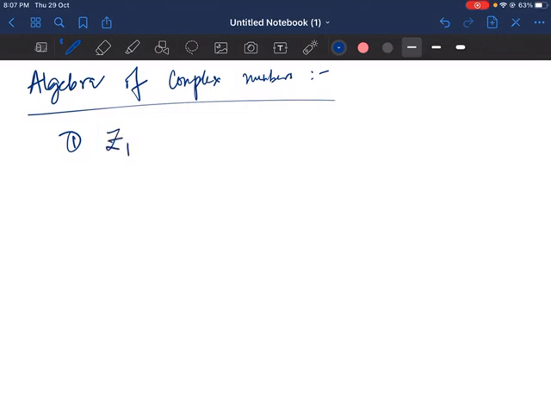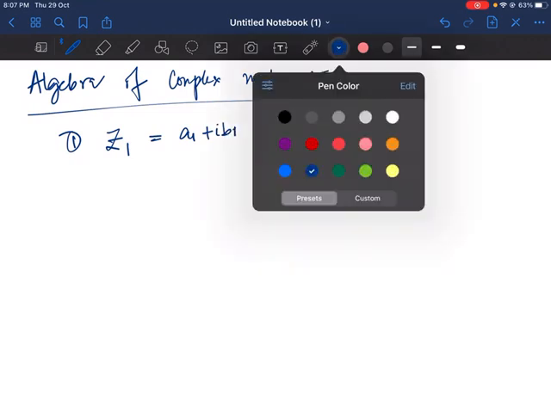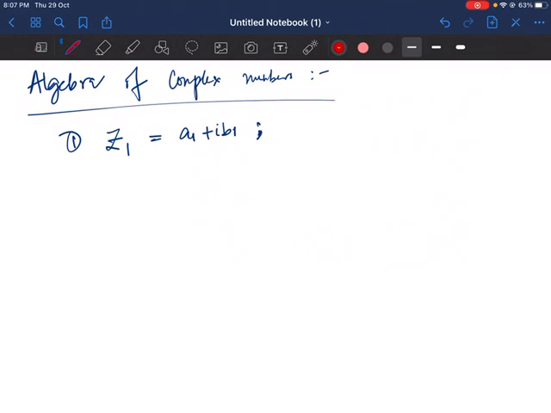Suppose I have two complex numbers, z1, which is given by a1 plus ib1, and another complex number z2, which is a2 plus ib2. Now I am doing addition.